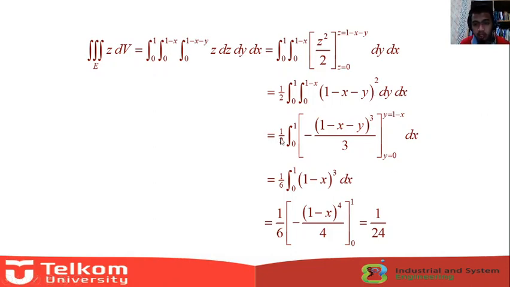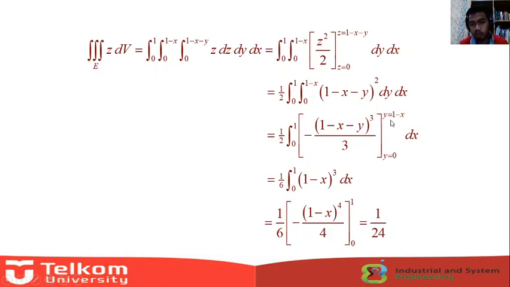For 1 minus x minus y squared, since y is power 1, the power 2 will be increased to 3 over 3, times the derivative of minus y, which is minus 1. So the integral is minus 1 minus x minus y to the power 3 over 3, for y from 0 until 1 minus x.